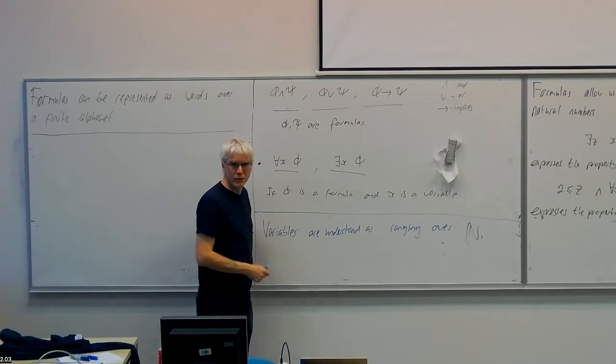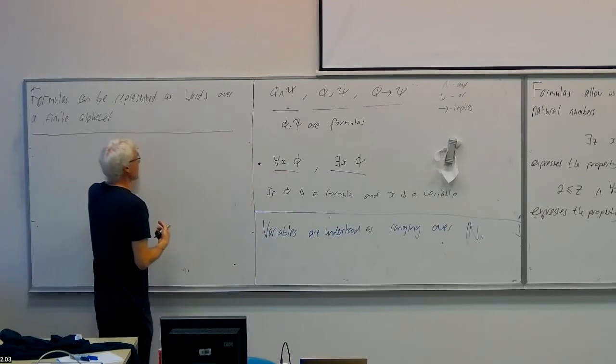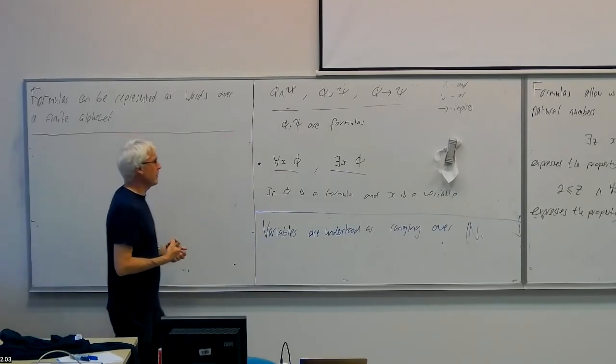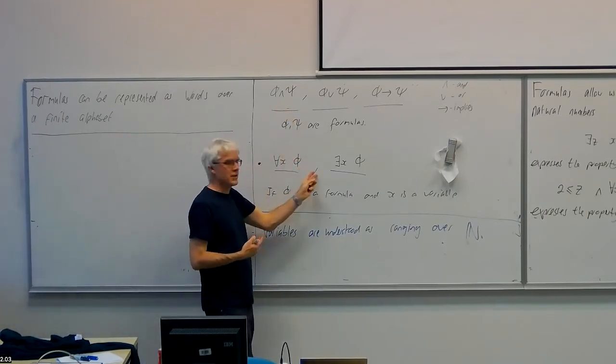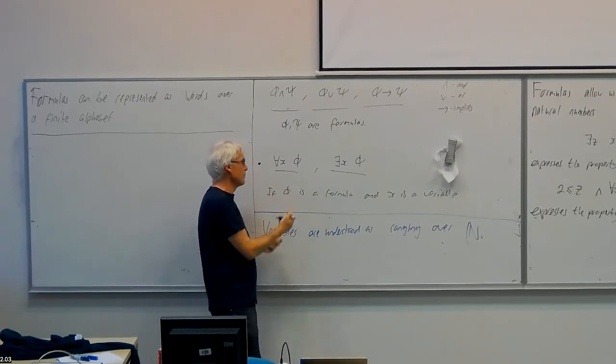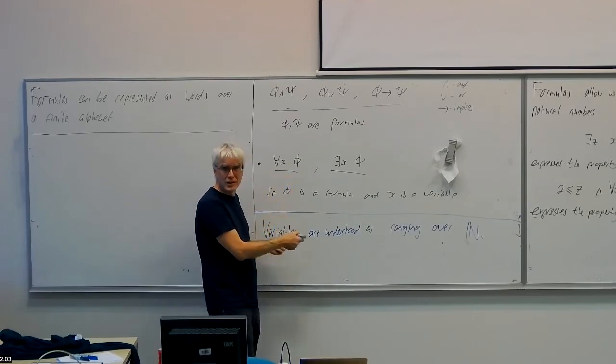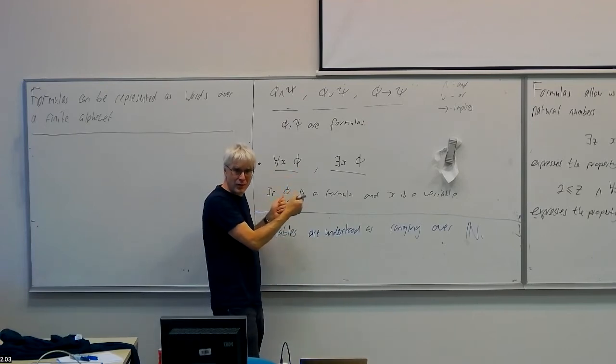You need to follow the rules. So not any word over the alphabet is going to give us a formula, but nevertheless, the rules are sufficiently simple that, given a string of symbols, I think you can believe me that there's an algorithm that will look at a string of symbols and decide whether or not it represents a formula.